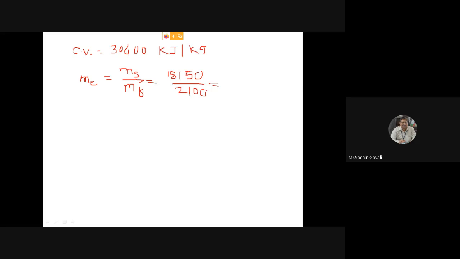Capacity of boiler is how much? We'll tell. So efficiency is, Kunal got 67%. Okay. Then ME is equal to, anybody? Those who are doing the calculation, the unit will be kg of steam per kg of fuel, or it is coal.